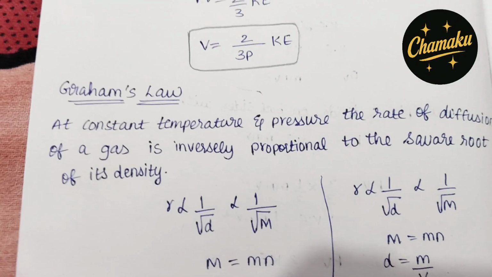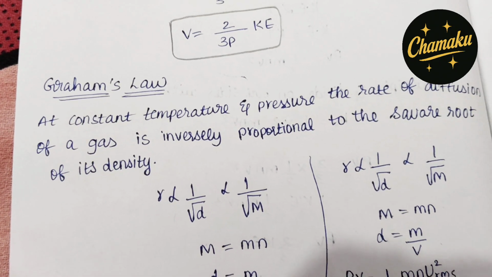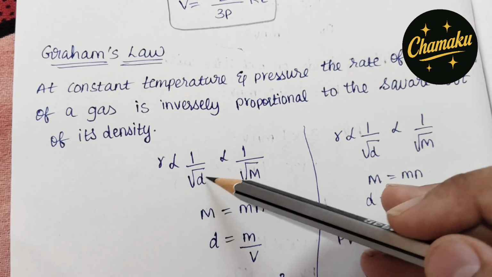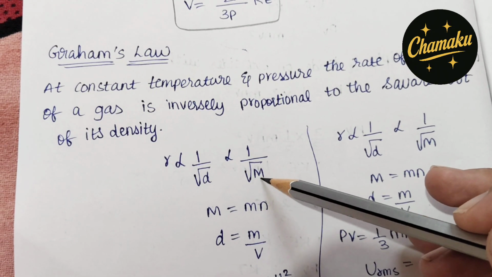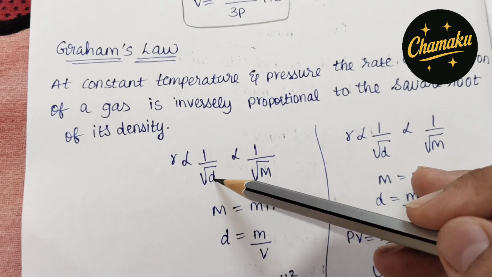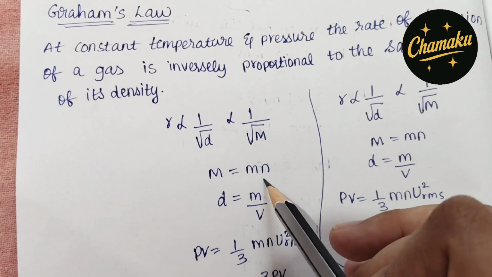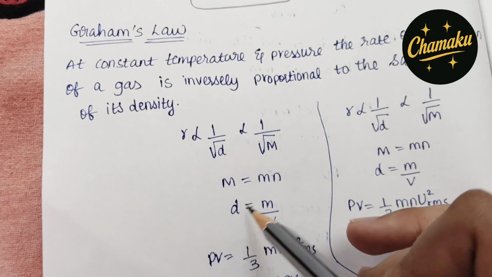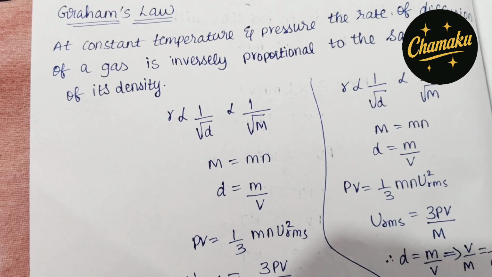So according to the kinetic theory of gases, R is inversely proportional to 1 by root D, and it's directly proportional to 1 by root M, which is molecular weight, and this is density. So molecular weight is equal to mn. So capital M is equal to small m and small n. So density is equal to mass by volume. Okay, so D is equal to m by V.